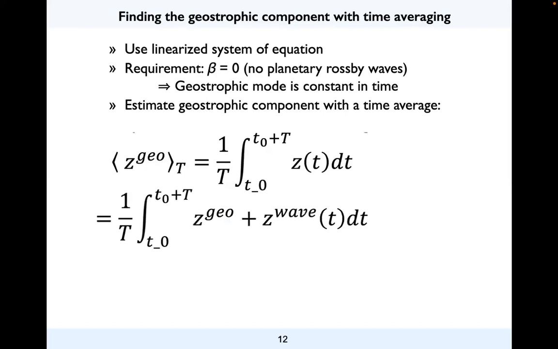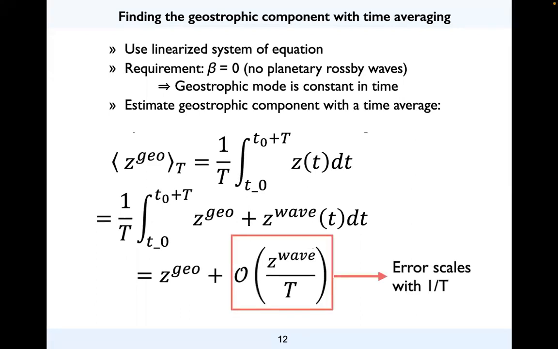Because beta is 0 and the model is linearized, the geostrophic component is independent of time. So we can actually pull it out of the integral and end with a term that is Z0 plus a term that is of the order of the wave mode divided by the time averaging period, which means that the error scales with 1/T. Having longer and longer time averaging periods means that we get closer and closer to what we want to achieve.